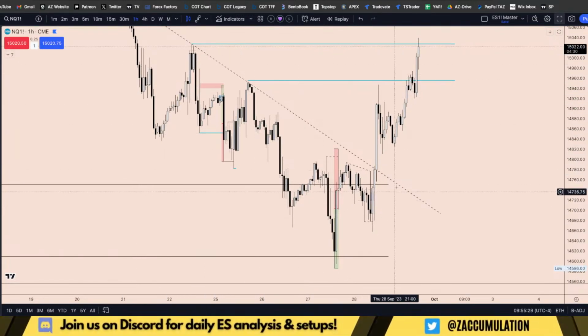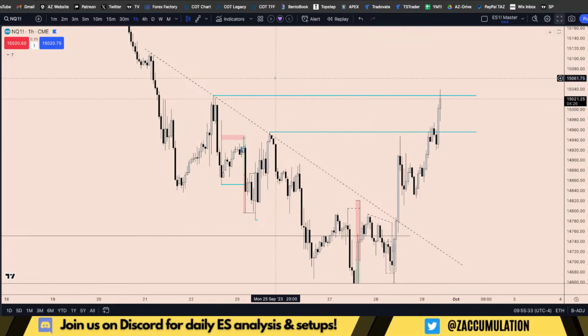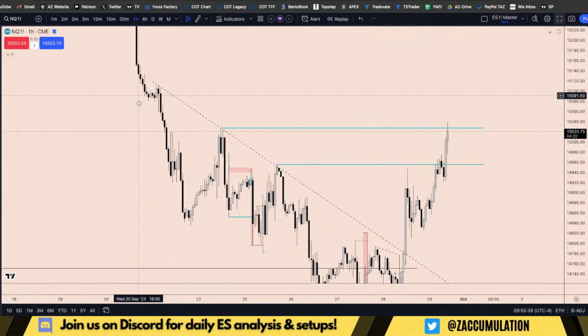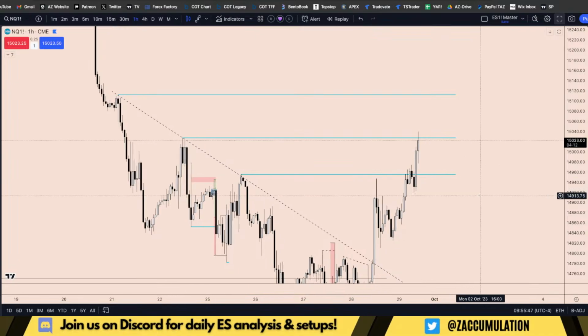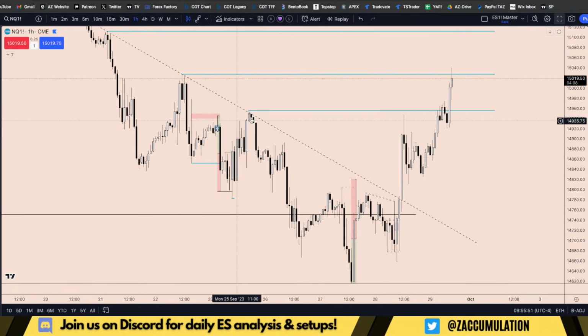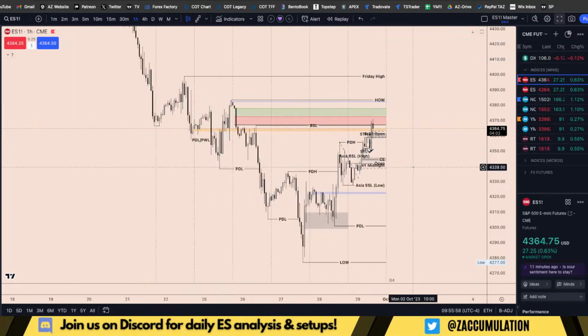Market maker sell, market maker buy model. Fair value gaps hold price. Next buy side for me would be the high on Thursday, but really, yeah, no, this buy side on NQ. But yeah, so now remember this: Monday's high, Friday's high, and now we go over to ES.